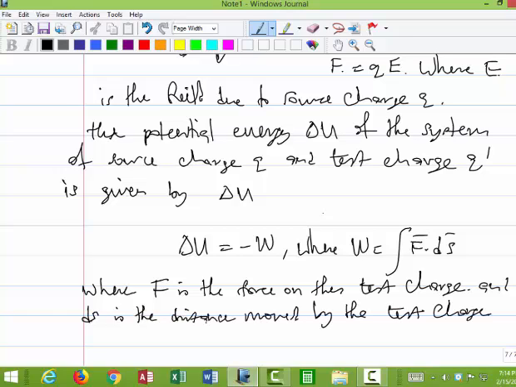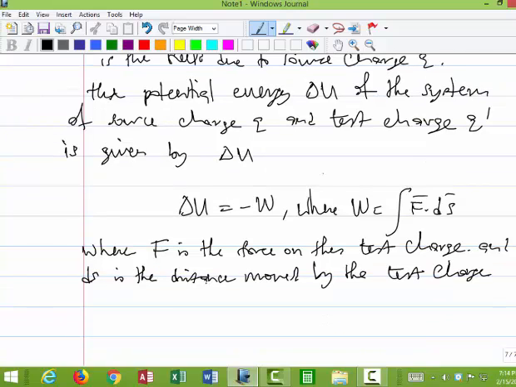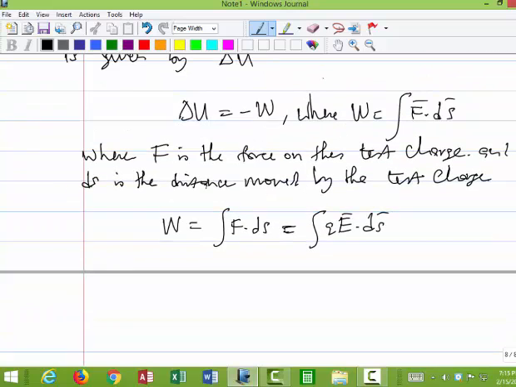So the work W is equal to the integral of F dot ds, which can be written as the integral of Q E dot ds. Okay, so that's another way of writing it. So work is equal to that, and then from that we can get our potential energy. Suppose the charge moves from position 1 to position 2, we can integrate it that way.